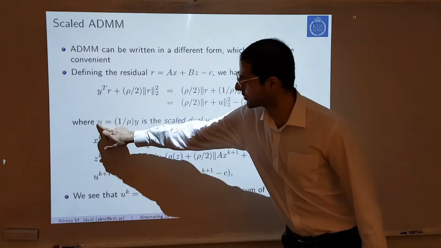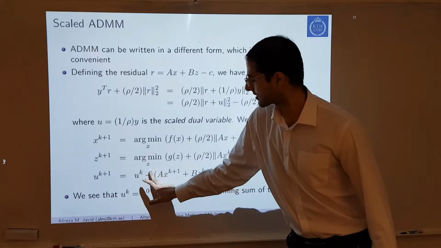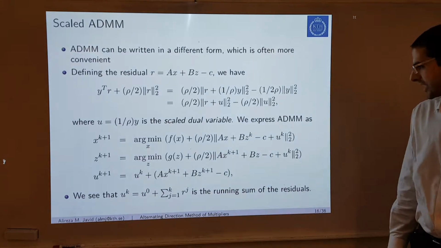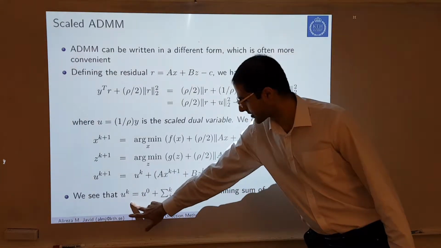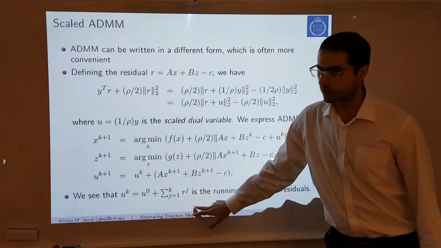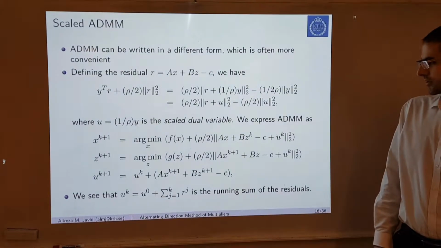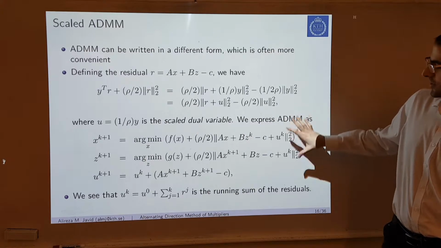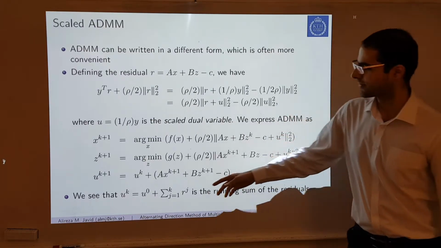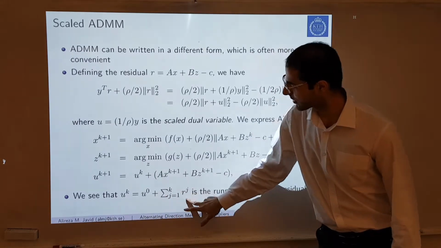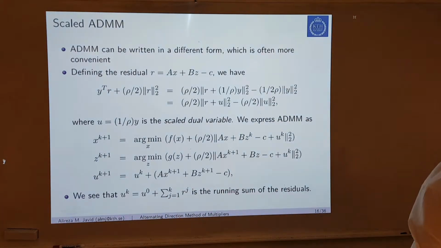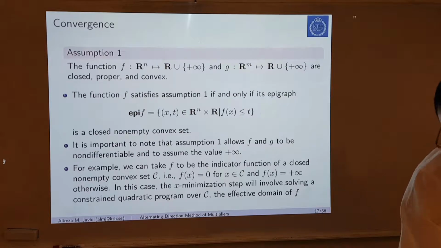Now I have defined u as 1 over rho times y, so we will not have the step size here. You can see that this u is defined as the sum of the residuals over the iterations. So if this algorithm is supposed to work, then u will not necessarily converge to 0 or anything. It will converge to the sum of the residuals. But it should converge to something.